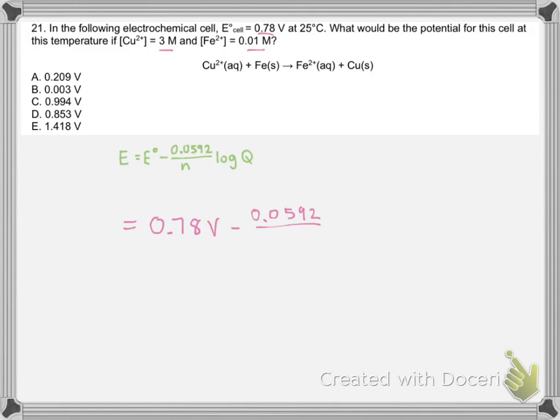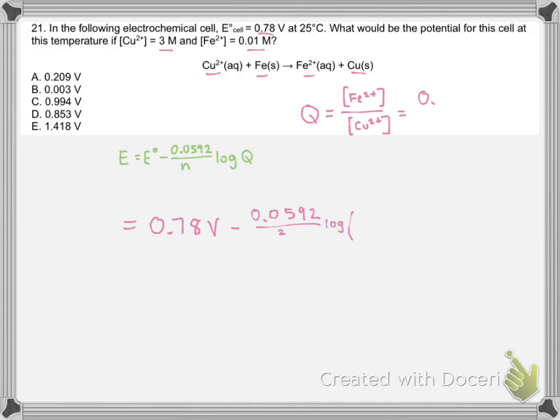And so we can figure this out by looking at how the charges change. We go from 2 plus to 0, and 0 to 2 plus. So our number of electrons transferred is just going to be 2. And we'll have that times the log of Q. So we'll have to figure out what Q is. So our formula for Q is going to be our aqueous products to the power of their coefficients, divided by our aqueous reactants to the power of their coefficients.